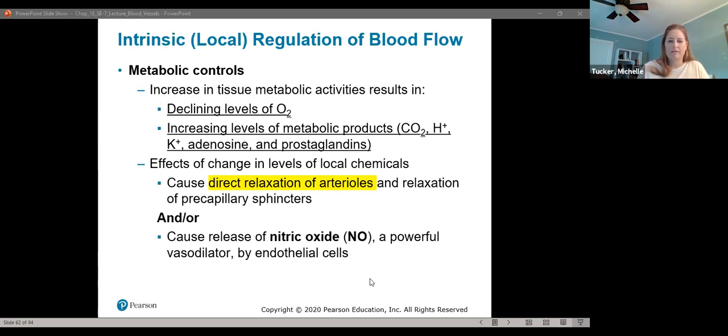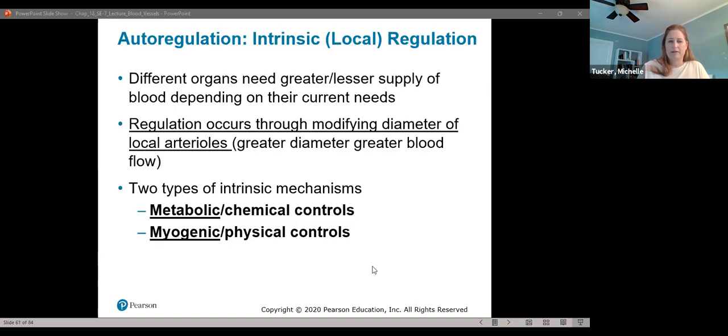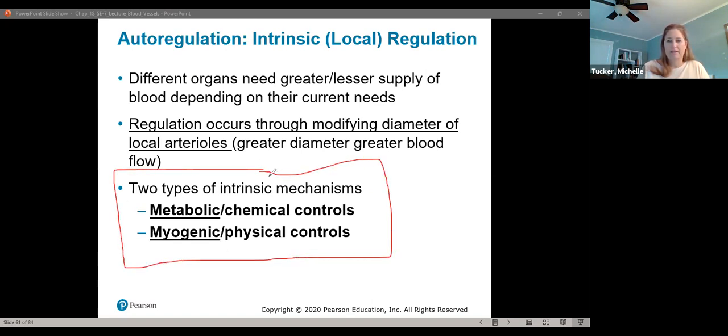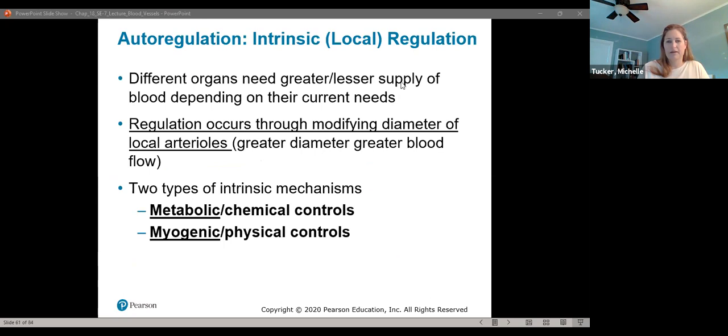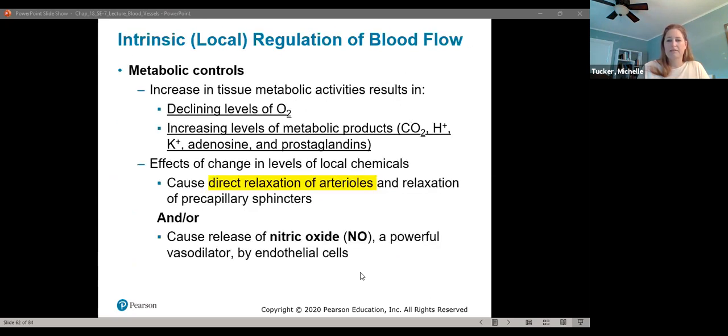So metabolic, okay, so we're gonna go back. So for intrinsic, there are two types: metabolic and myogenic. Metabolic is going to deal with the metabolites produced by the tissue.